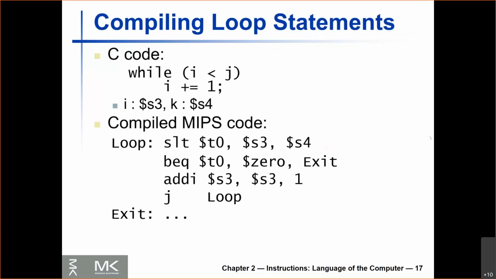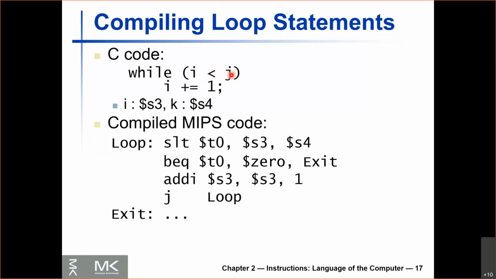So someone's asking about less than or equal to. So here what we're doing is we're showing you a reduced number of instructions. Some architectures may have support for less than or equal to, but even if you don't have support for less than or equal to, you can implement less than or equal to in terms of less than. How do you do that? So if I wanted to do i is less than or equal to j, this is equivalent to i is not greater than j.